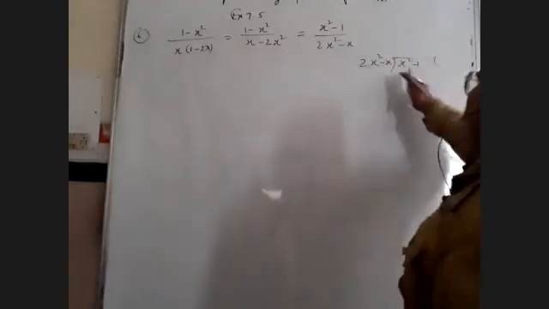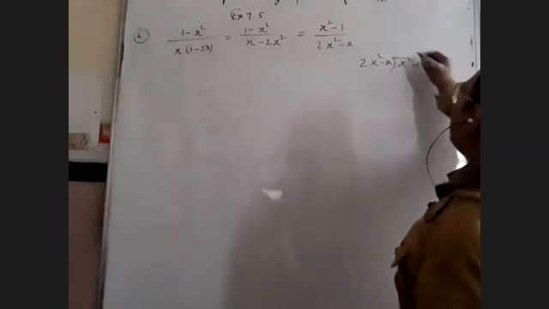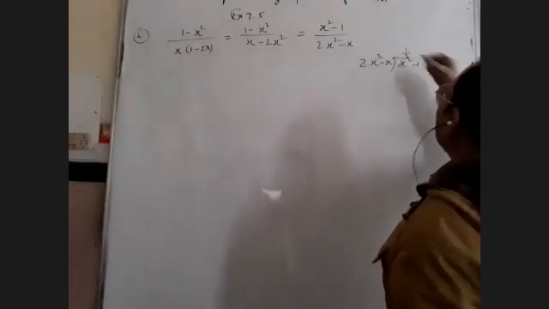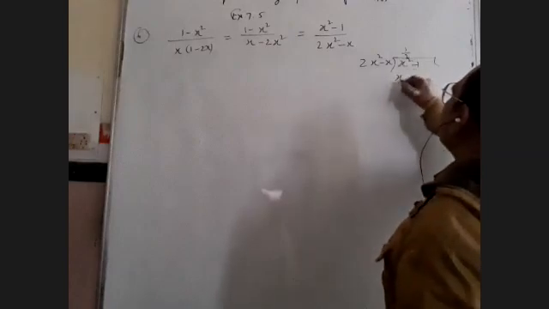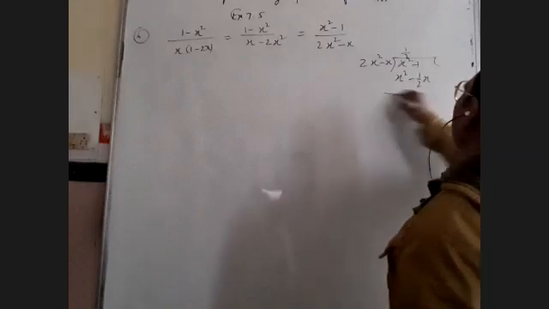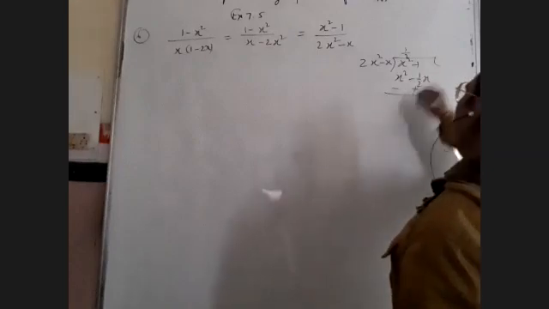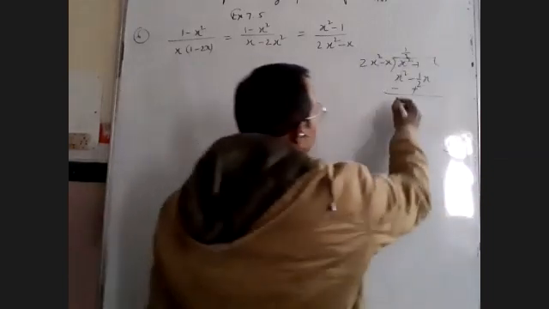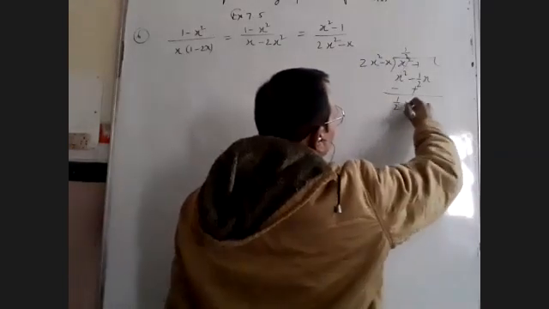For our aim to get the x square, we will multiply with 1 upon 2. You will get x square minus 1 upon 2 x. Now we subtract. If we subtract, this x square will be cancelled, then it becomes 1 upon 2x minus 1.